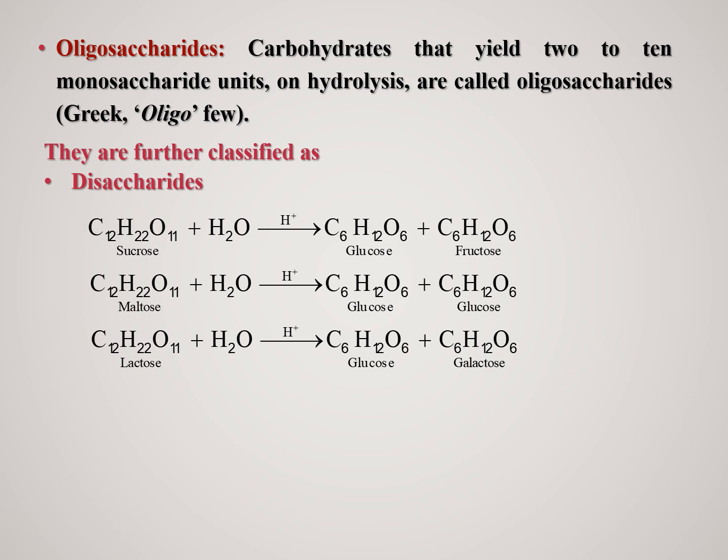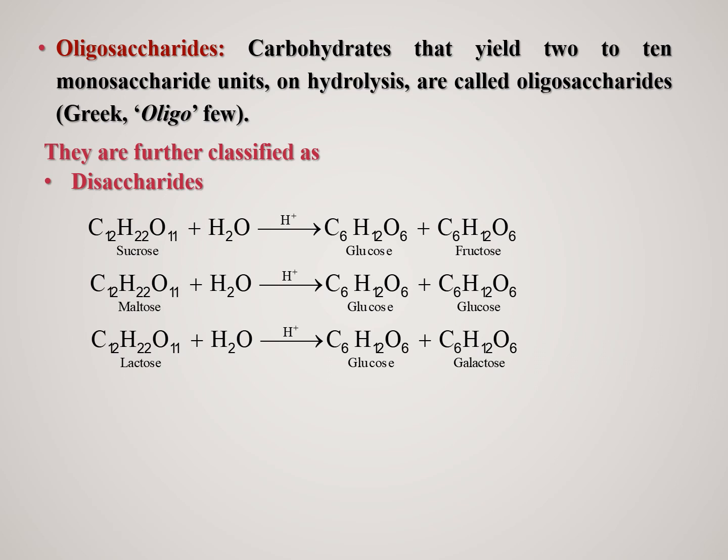Thus, of the disaccharides listed, sucrose obtained from cane sugar and lactose present in milk, both are called heterodisaccharides because they produce different monosaccharide units on hydrolysis. Sucrose produces glucose and fructose.